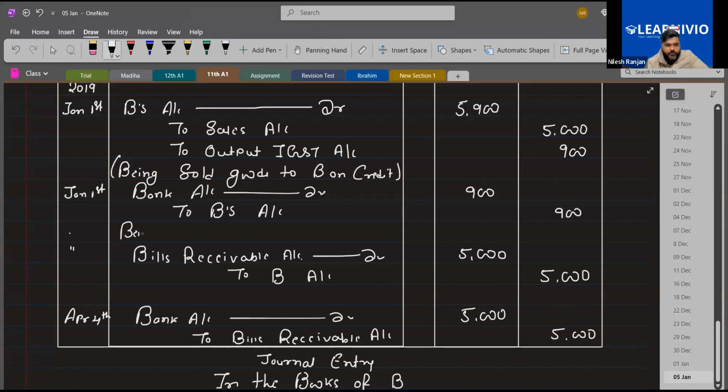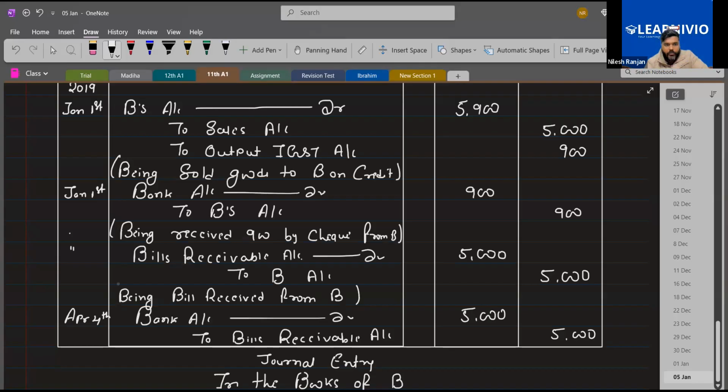Then being received 900 by check from B. Being bill received from B. Or you can write being bill accepted from B, and being amount received against bill.